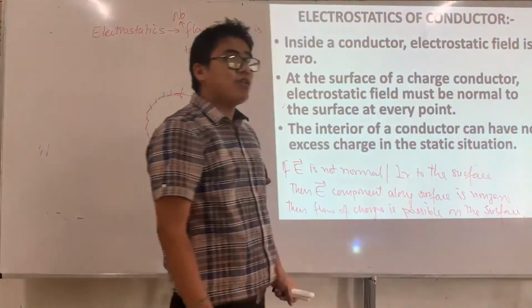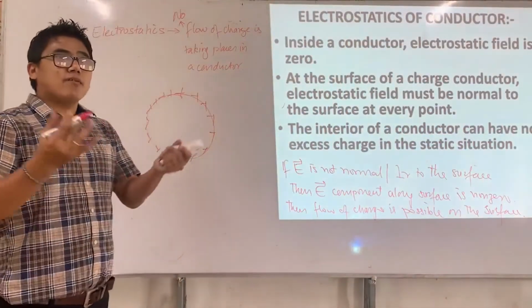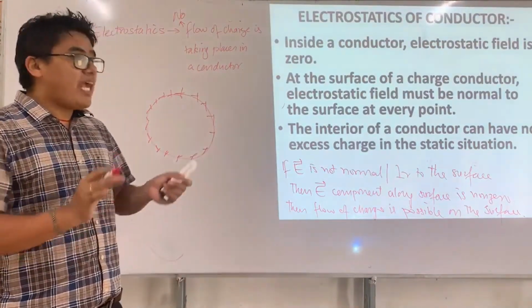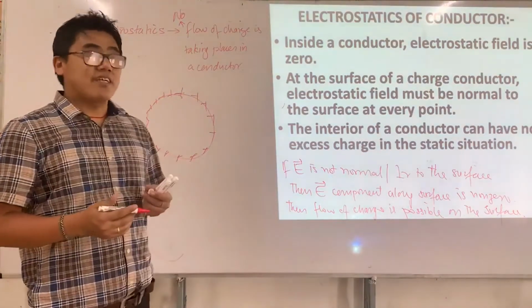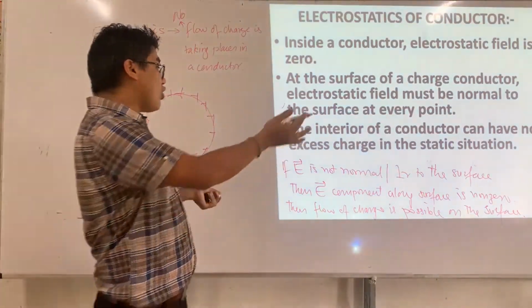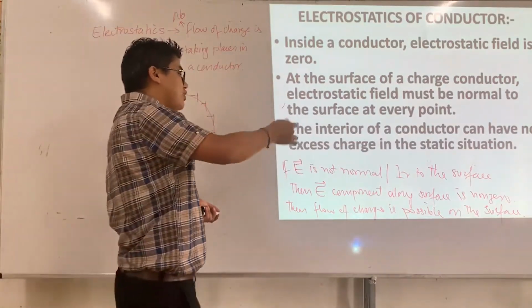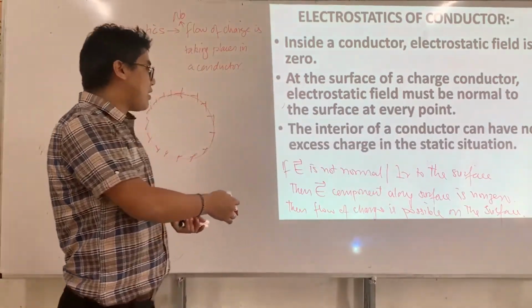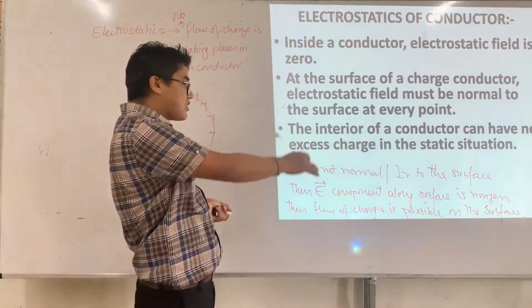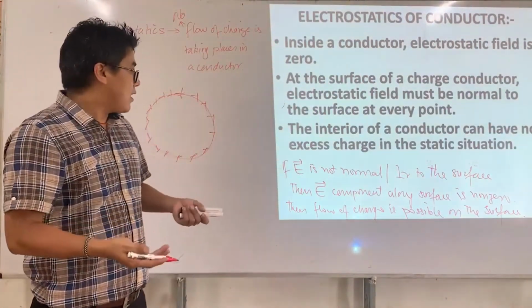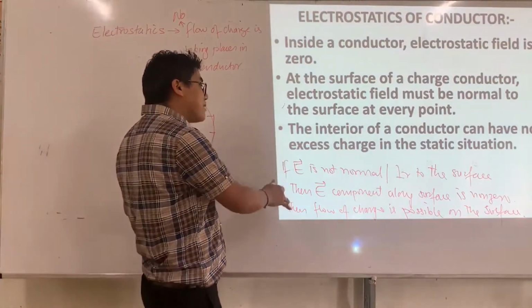This opposes the fundamental behavior of electrostatic conductors. So if an electric field not normal to the surface is not possible, then the electric field must be normal to the surface.